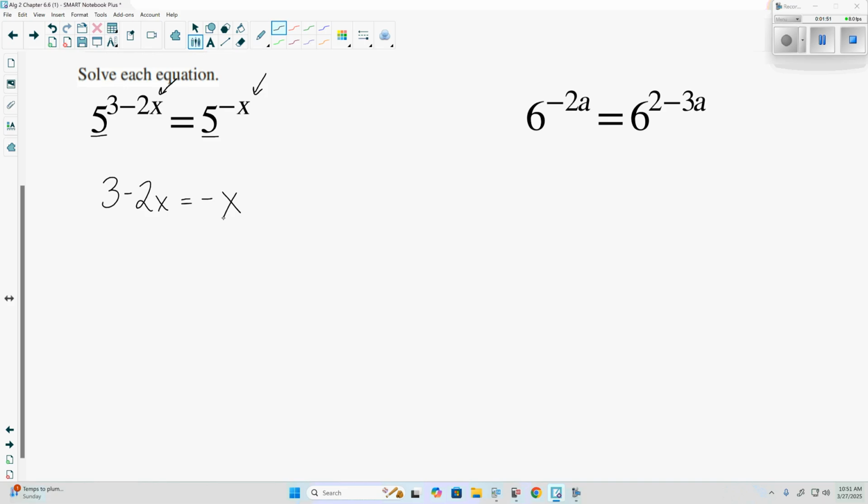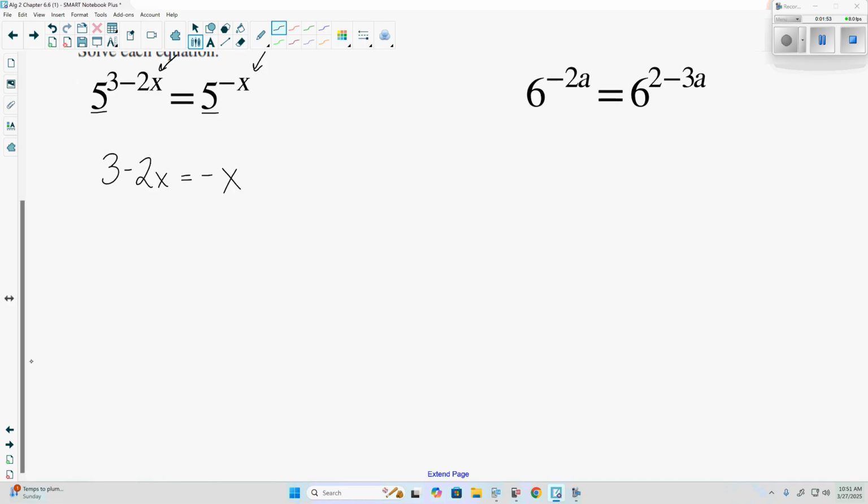We need to get x by itself. So the first thing we can do is what? Are the x's on the same side? Because we need to get the x's together.